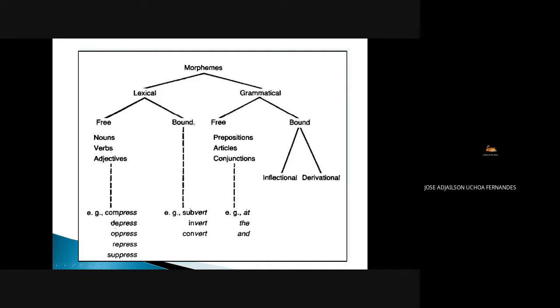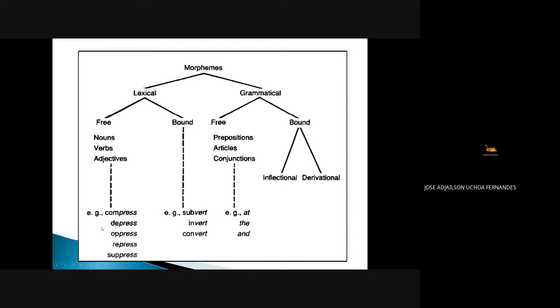They need to be attached to another morpheme to have a meaning, so they are bound lexical morphemes. The same happens to grammatical morphemes. They can be free and mean on their own, like a verb, for example, or they can be bound. They need to be attached, okay, to other morphemes, and so on. The case of free lexical morphemes, nouns, verbs, and adjectives.